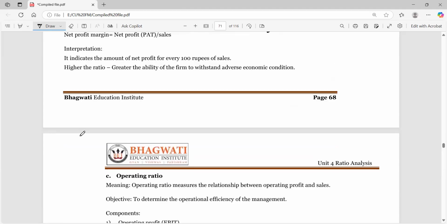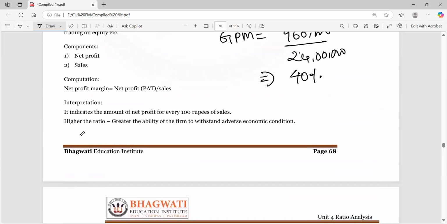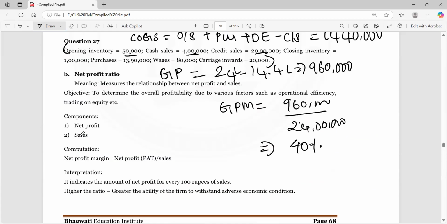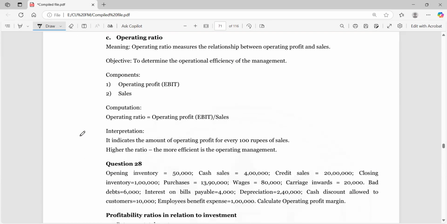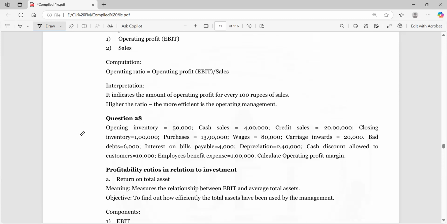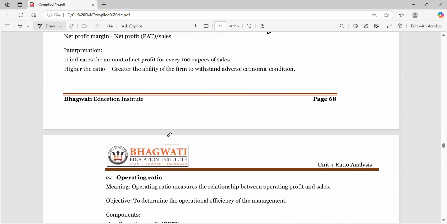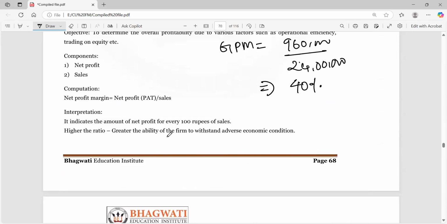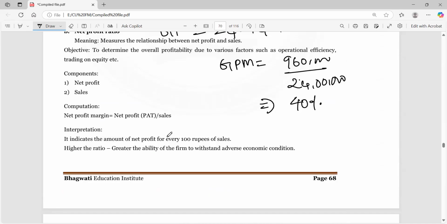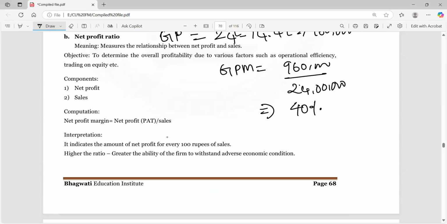Next, net profit ratio. Net profit, I have not included any numericals, but quickly we will discuss it. Net profit is similar to gross profit, but net profit margin tells us the overall profitability of the firm.